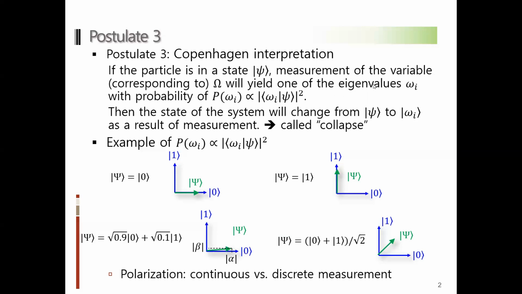And then we are already familiar with the concept that when we measure the energy of the electron in a hydrogen atom, the energy values are not continuous, but discrete. How is that?